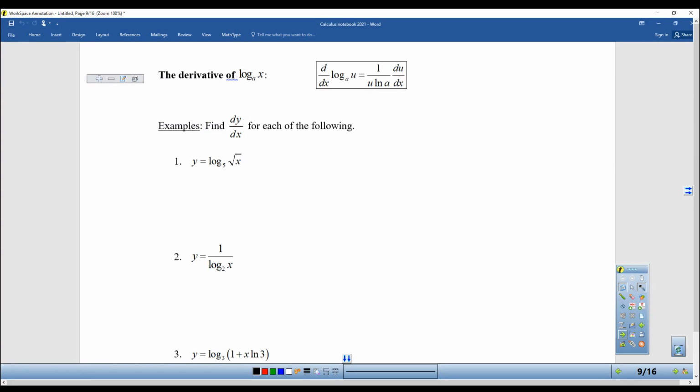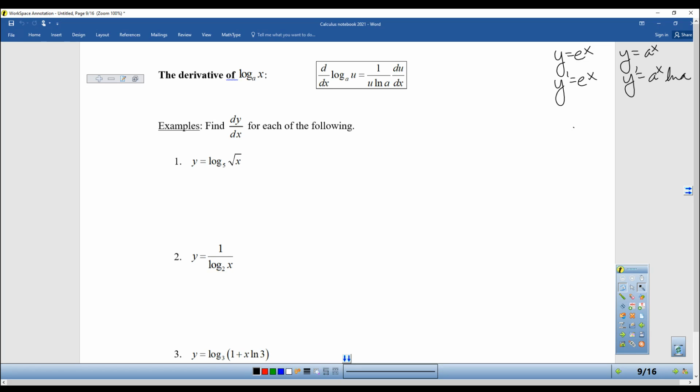So just like we learned that y is equal to e to the x, the derivative was e to the x, and then we moved on to y is equal to a to the x, and we had the derivative was a to the x times the natural log of a. Hopefully you remember that.